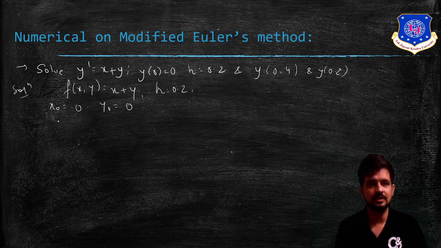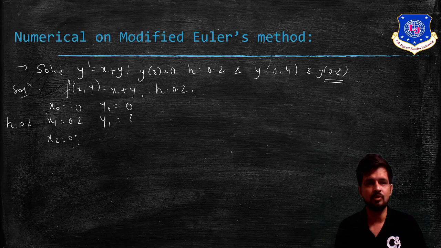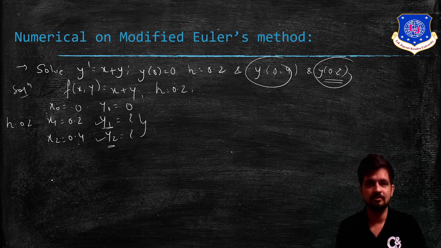Taking h equal to 0.2, my x1 will be 0.2, so I have to find y1, which is y of 0.2. Similarly x2 will be 0.4 and I have to find y2. So I have to find y1 and y2 because we want y of 0.2 and y of 0.4. y of 0.2 is our y1 and y of 0.4 is our y2.